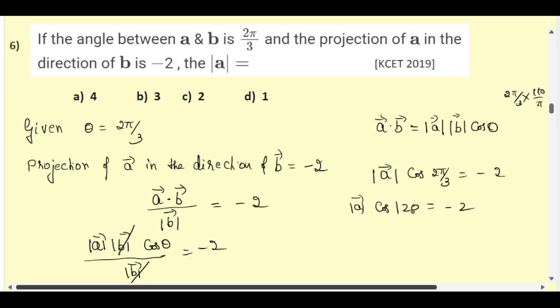So cos 120 comes in the second quadrant, where we can write cos 120 as cos of 90 plus 30. In the second quadrant, cos is negative. So cos 120 is minus one half, which gives minus one half A equal to -2, minus cancels, A vector equal to 4. So this is the correct answer.